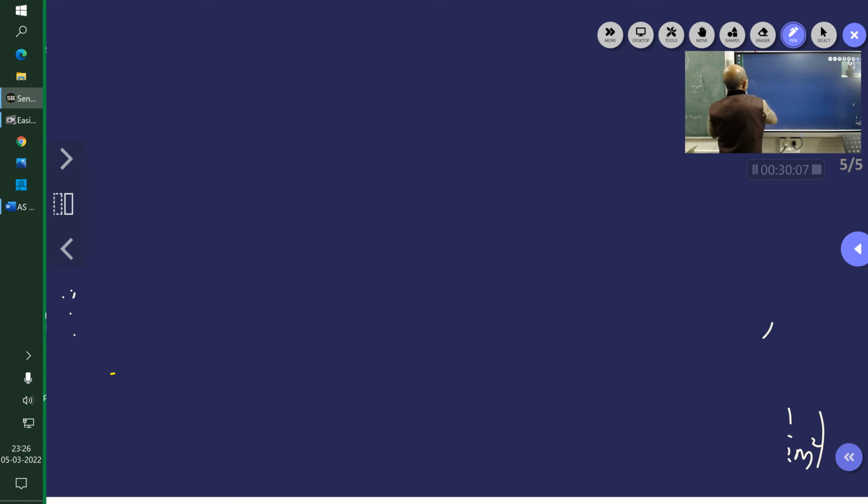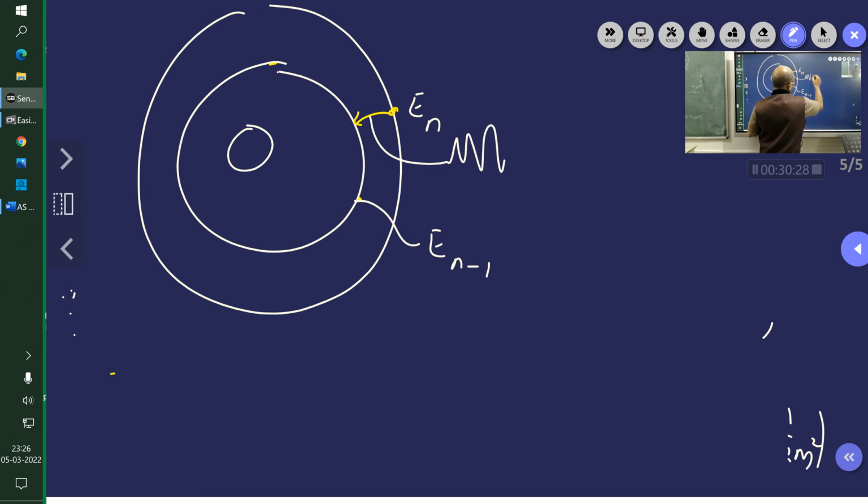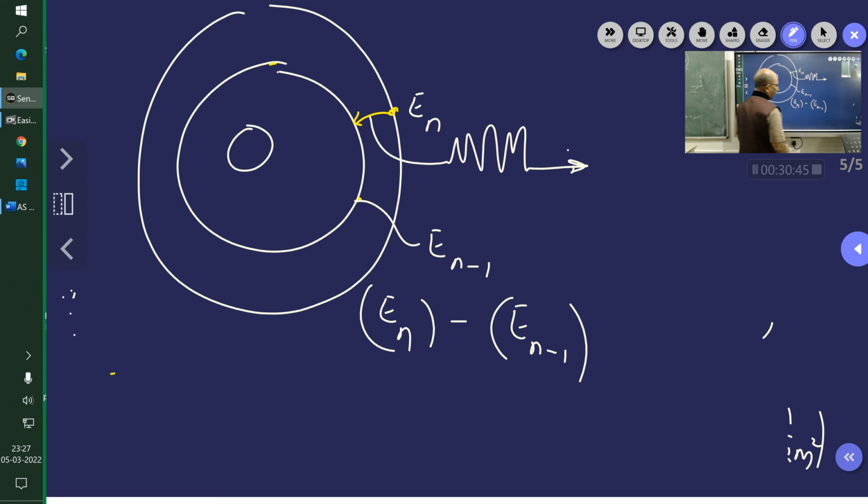Now the nucleus is here. This is the higher energy level. This is the lower energy level. If an electron is in this orbit, say En, and in this orbit the energy is En minus 1, and the electron jumps from En to this orbit, then it is going to emit energy in the form of a photon. Now here you see the energy level En minus the next energy level, En minus 1.